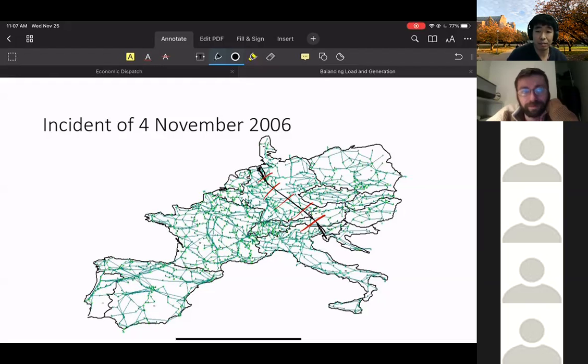Once you have a ship going under the line, you have to disconnect the line, because you have a high voltage line and a big metal, very tall ship, there may be discharge. You don't want that discharge. So whenever a ship is going through, you have to disconnect the line.